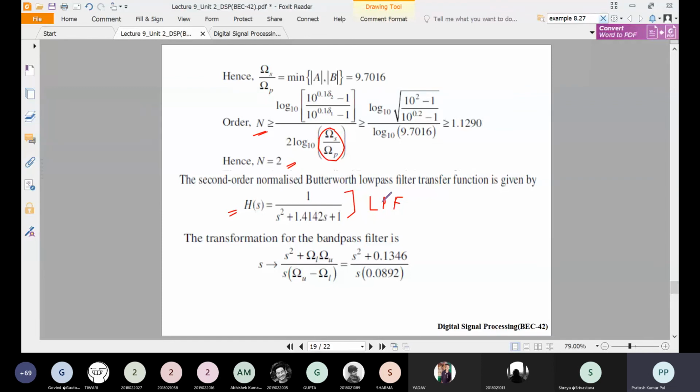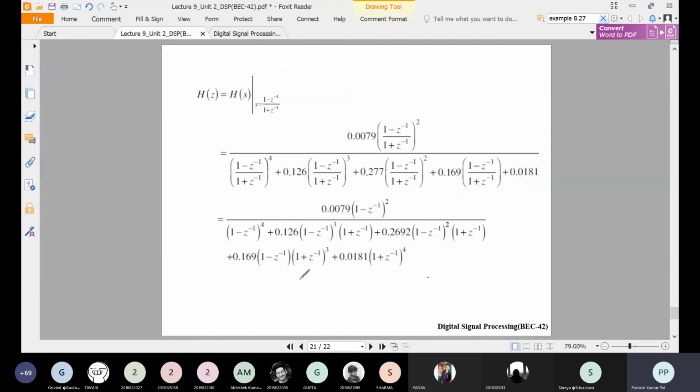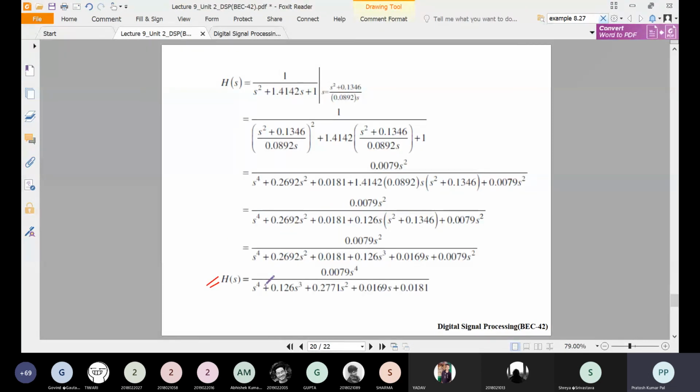Since this is the specification for the low pass filter, we will convert it into a band pass filter by this replacement. This is the formula to replace, so we replace it and get this formula for the band pass filter, but that is in analog form.